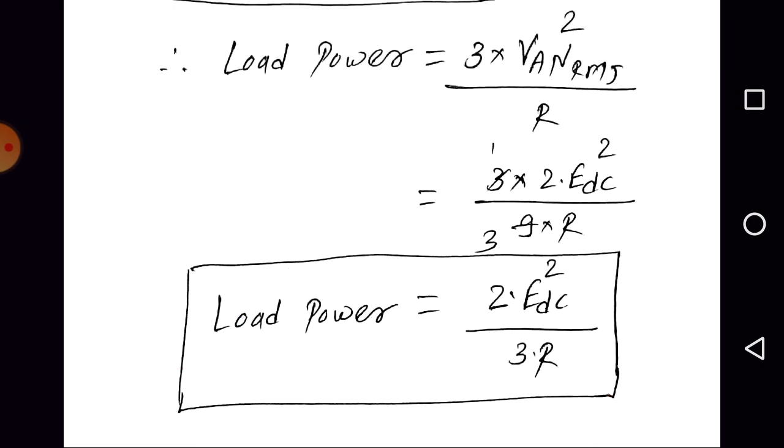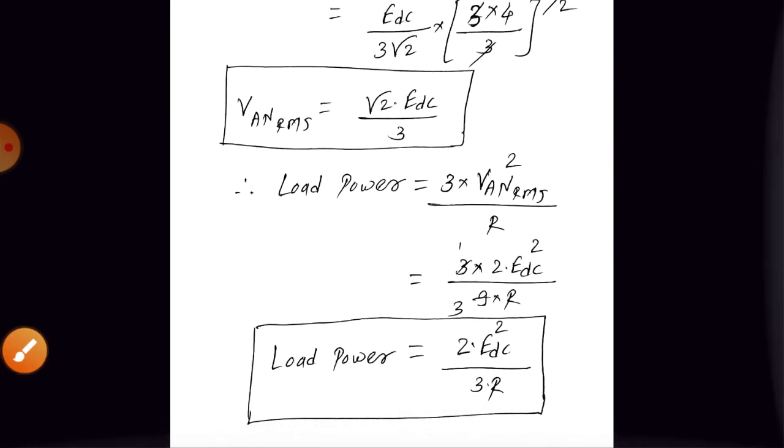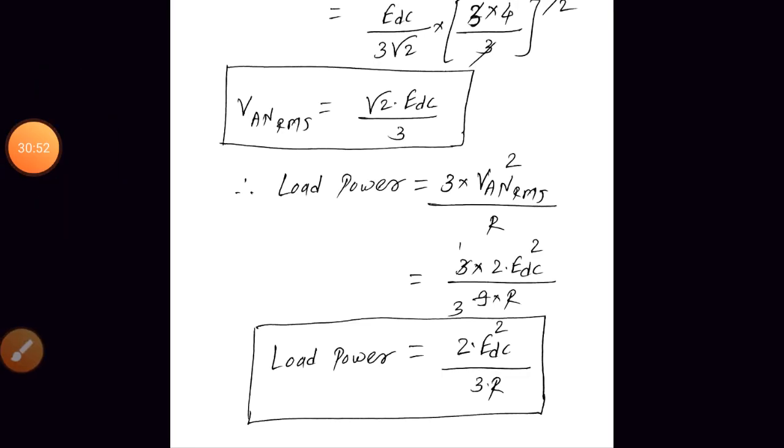So this is about the 3-phase inverter in 180-degree conduction mode, right? Please be careful. As far as the university examination is concerned, they may ask you the question: write the circuit for a 3-phase inverter with 180-degree conduction mode and derive the expression for load power.